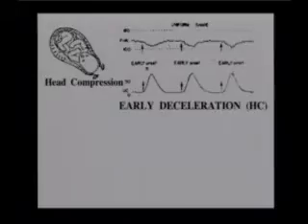This is called early deceleration because the deceleration, the slowing of the heart rate, starts early in the contraction. And it reaches its lowest point at the peak and then increases back to normal as the contraction wanes or goes away. This is thought to be due to head compression and is a perfectly normal finding. So early deceleration is a normal finding.